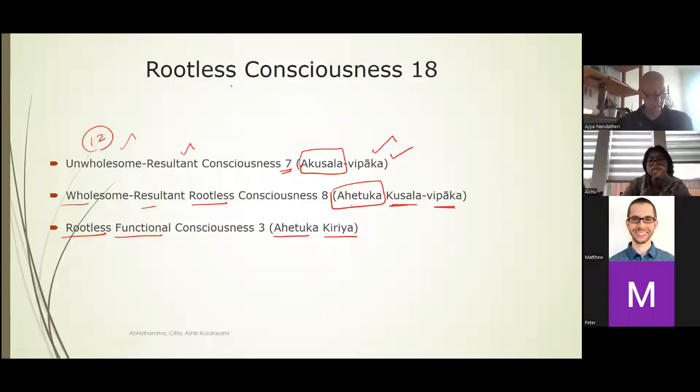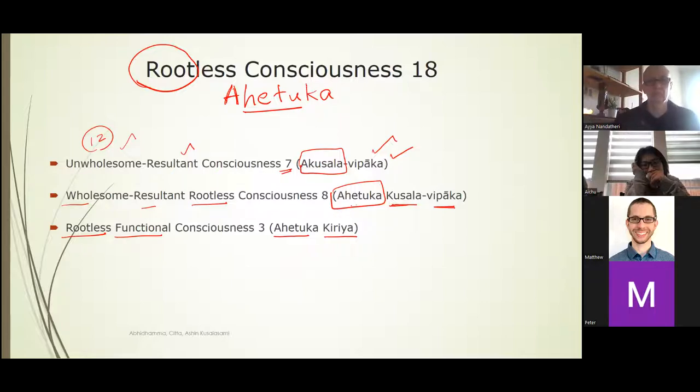So this 18 in Pali is Ahetuka Cheta. Hetu means root. A is negative, so Ahetu means rootless.